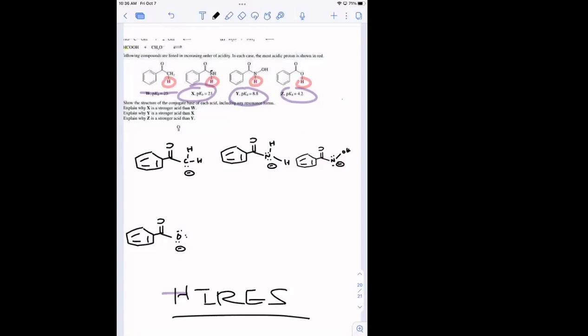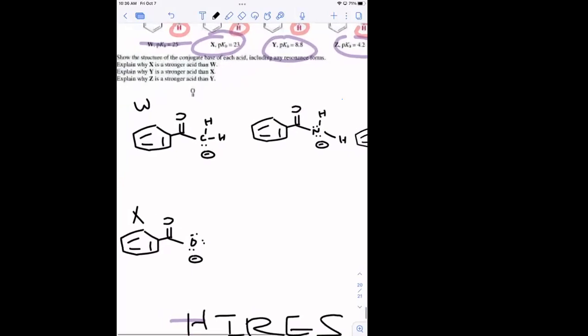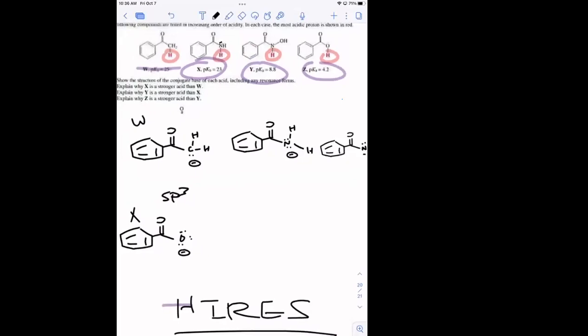So we're comparing W, which is this one. What's the hybridization state of oxygen and carbon in each case? I need to zoom in on this. They're both sp3. So for that one, hybridization is not an advantage. What about induction? Are there any electronegative atoms or functional groups close by that are bonded directly to that site or close to that site?